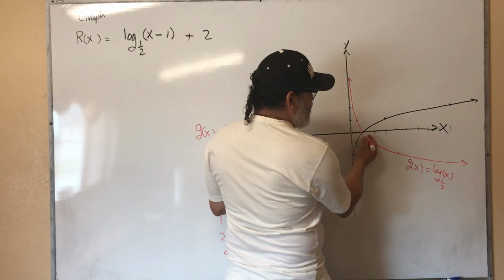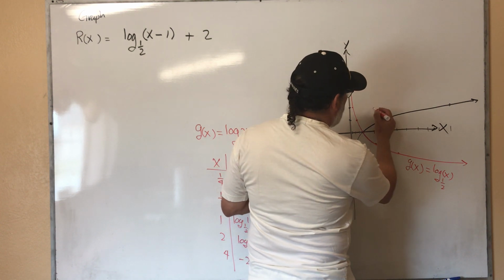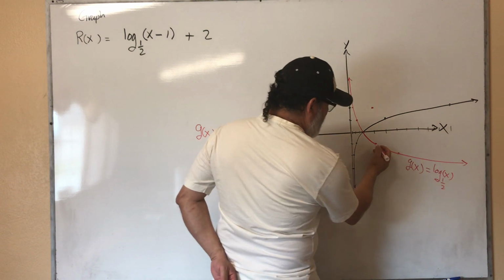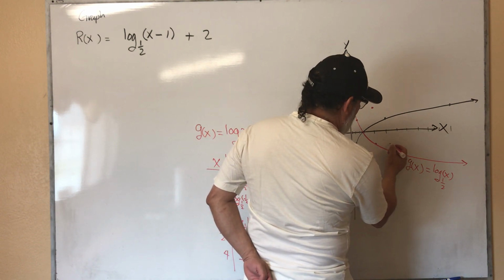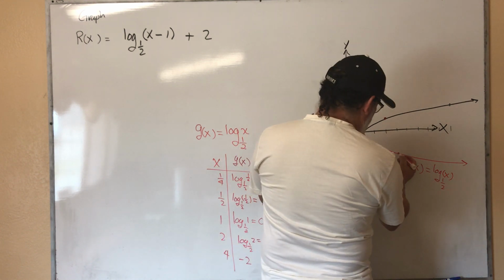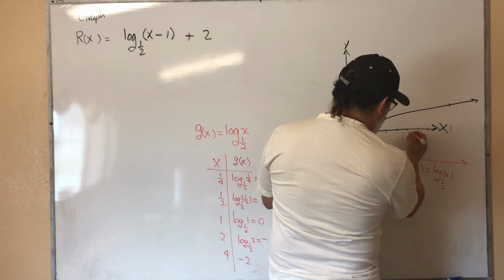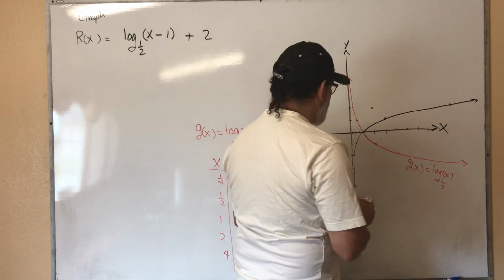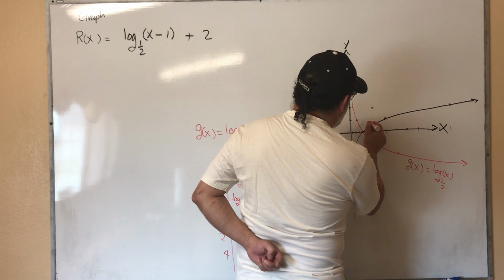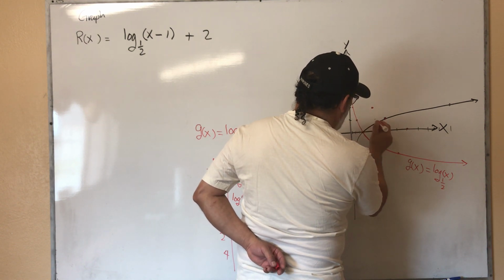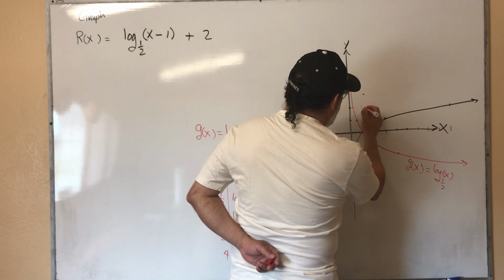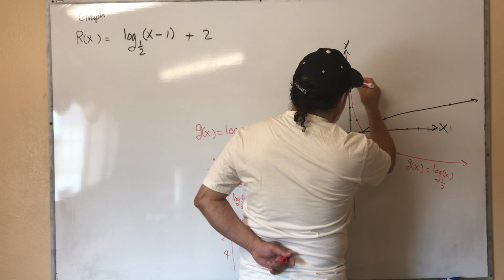You see this point? 1 unit right, 2 up. Right there. This point, 1 unit right, 2 up. Right there.